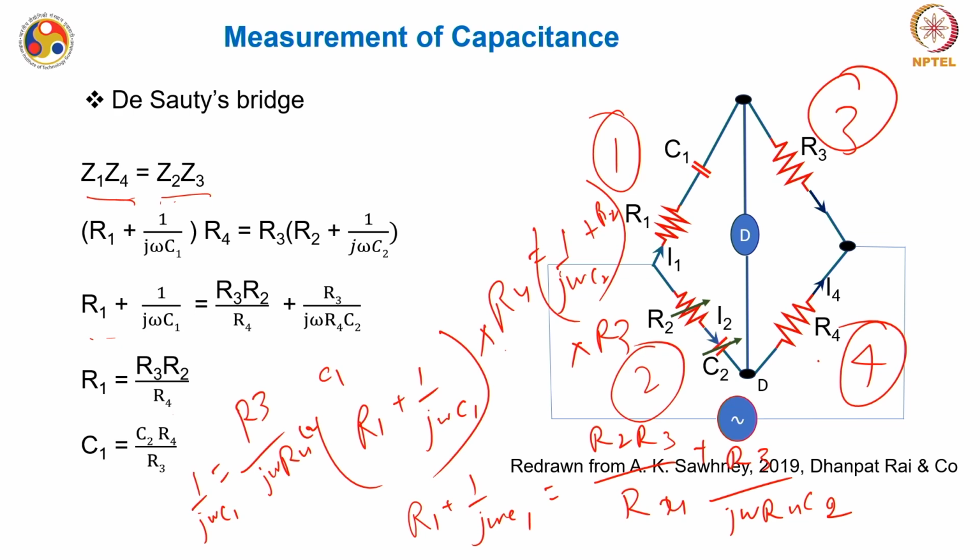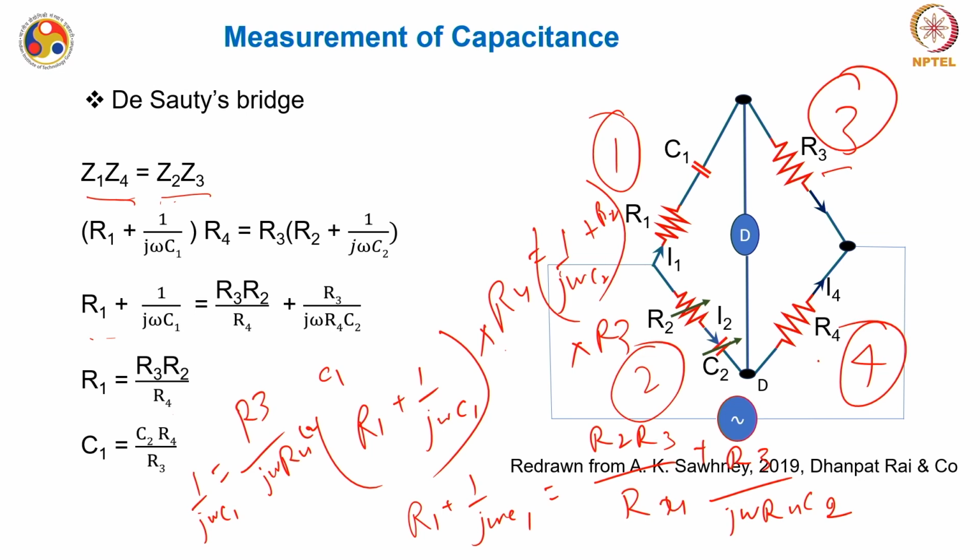Since all these parameters are known, C2 was varied to bring it to the balance condition. If you know the R3, R4 and R2 values, R1 can be simply calculated as R3 R2 by R4, while C1 can be calculated as C2 into R4 by R3.